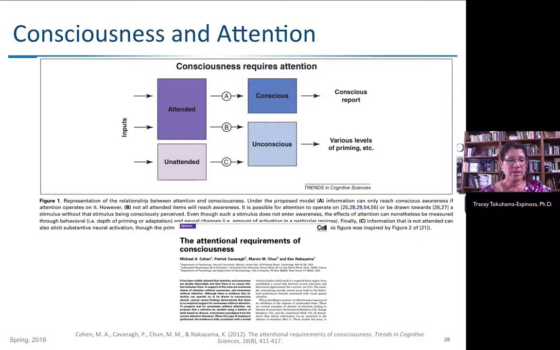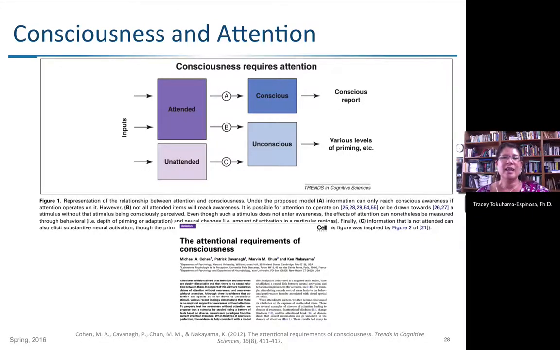As you saw before, Posner's work is looking at trying to understand where is the exchange between external attention to the world and internal review of oneself. And this study by Chen and Nakayama borders on almost philosophical, but their thinking is that the relationship between attention and consciousness is expressed by a model in which information can only reach conscious awareness if somebody pays attention to it.